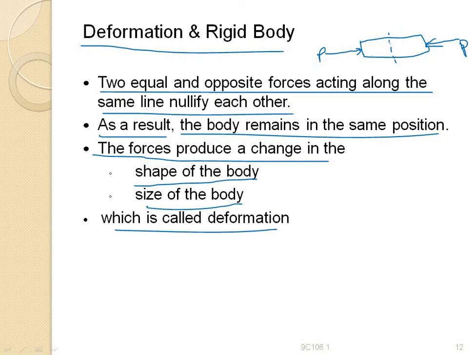Here, when two forces act oppositely, the body does not change its position, but the shape of the body will change, with these dotted lines showing it bulging or extending in some direction. This is called deformation. This is a very important definition.